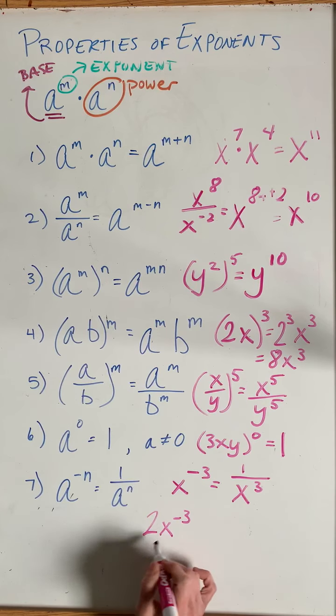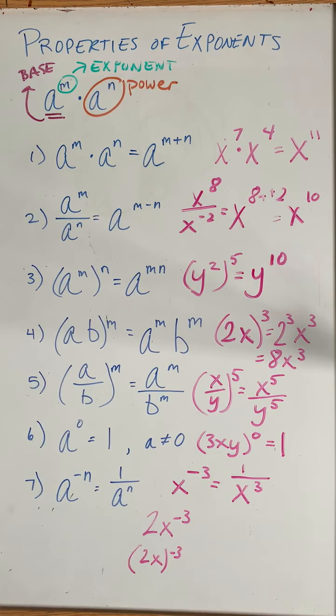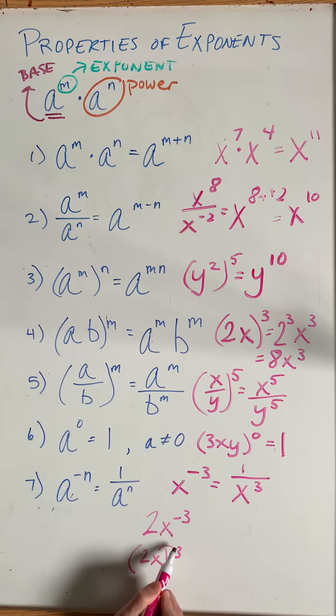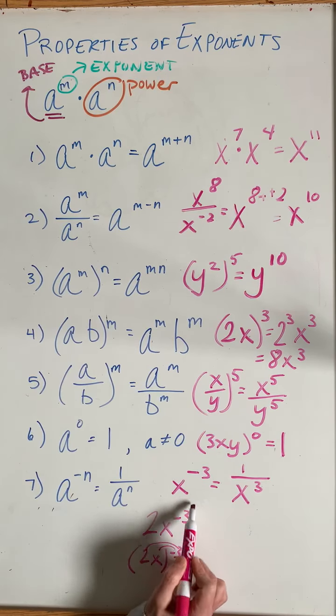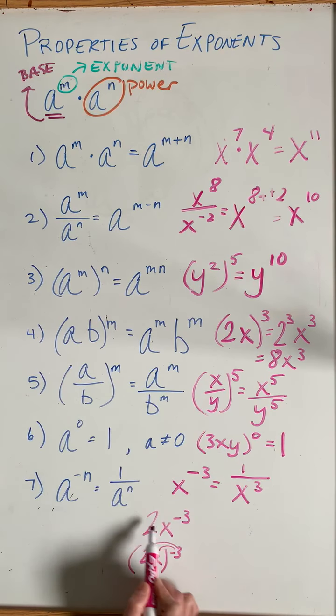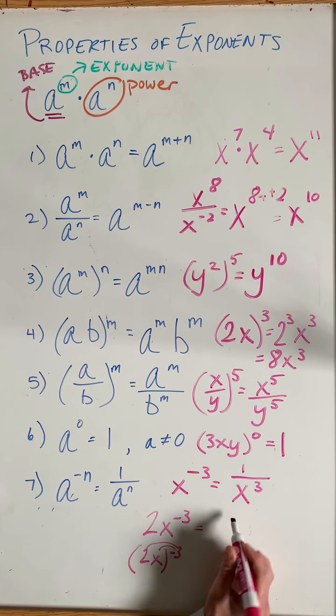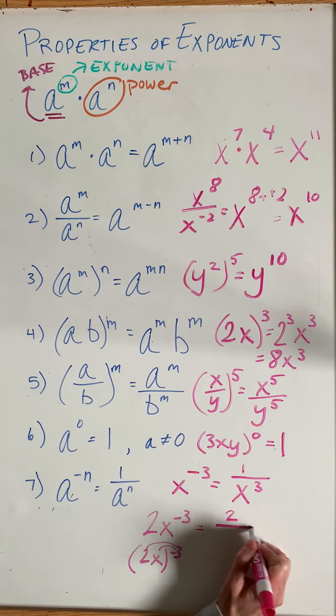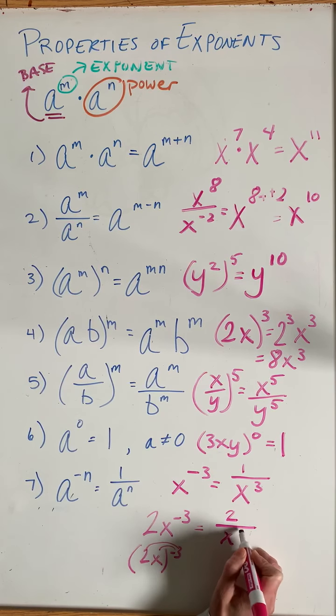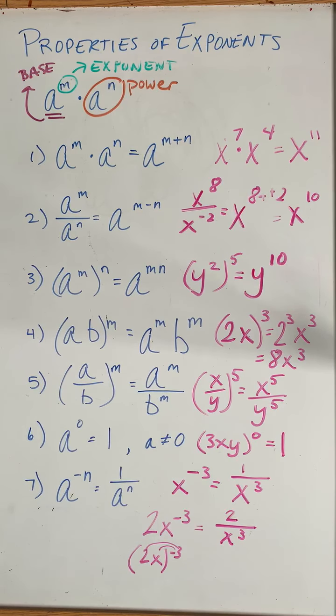So there's a difference between what I've written here and if we had parentheses around it like this. In that case, we would have to raise both the x and the 2 to the negative third. Here, we're doing this part first, and then we're multiplying it by 2. So when we rewrote this as a positive exponent, the 2 would stay on top, and we'd move just that x to the third to the denominator.